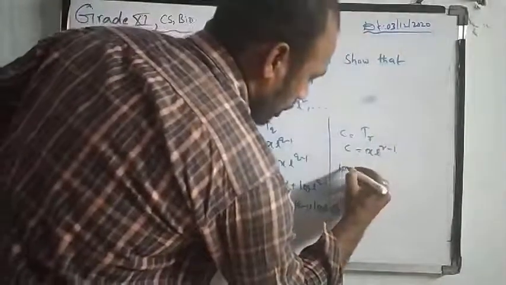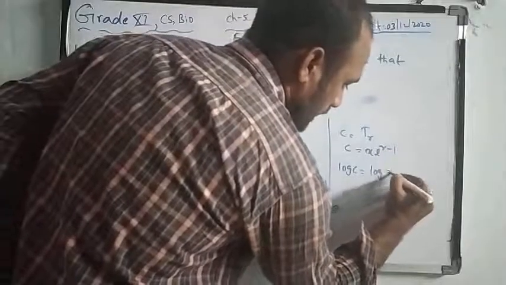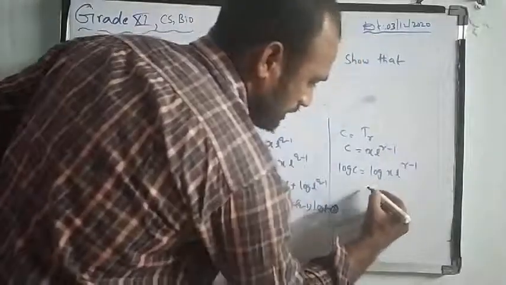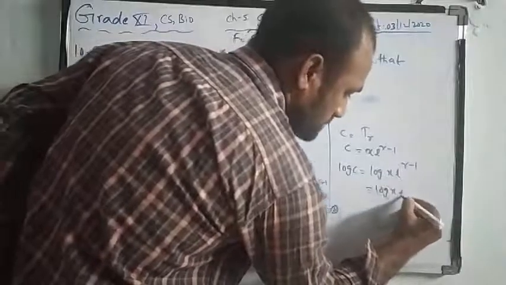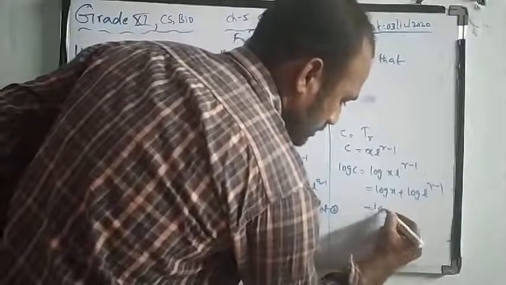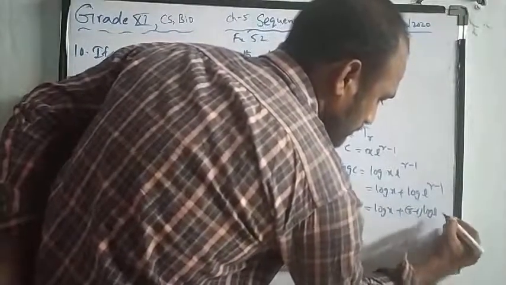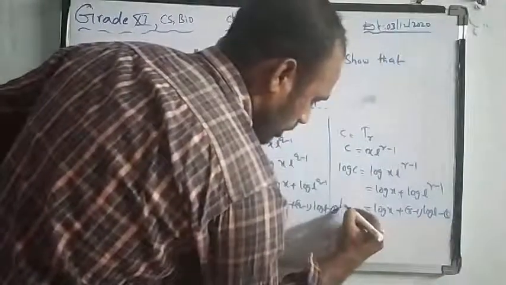Next, log C is equal to the logarithm of x L to the power of r minus 1, so log x plus the logarithm of L to the power of r minus 1, that is log x plus (r minus 1) into log L. Mark this as the third equation.